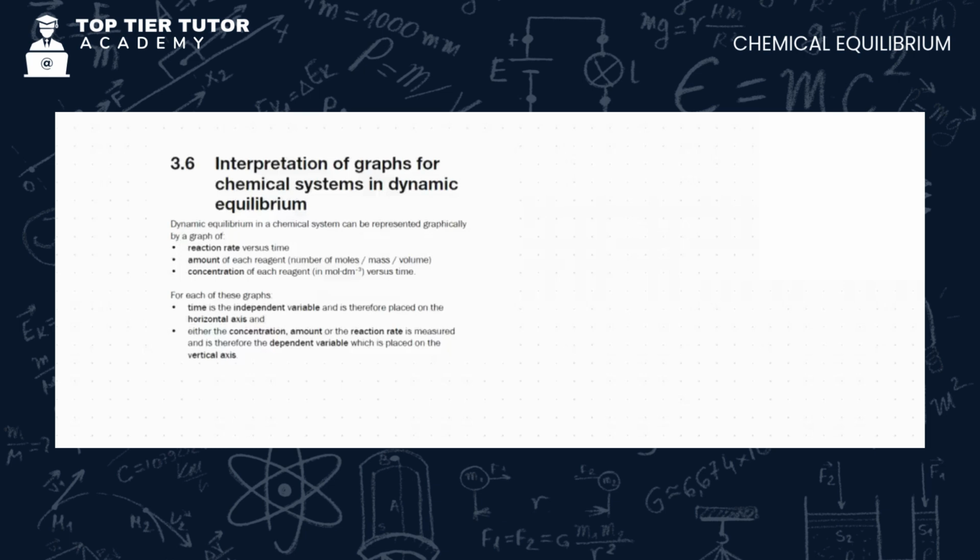We're going to be looking at the amount, implying the number of moles, the mass, the volume, versus, again, the time. And we're going to be looking at the concentration versus the time, and looking at how all of this is affected whenever we make a change in our system.